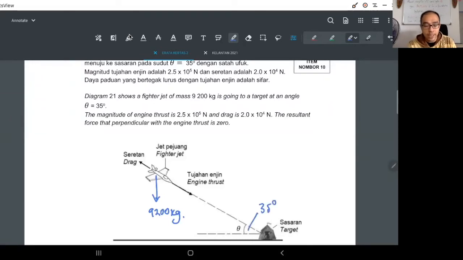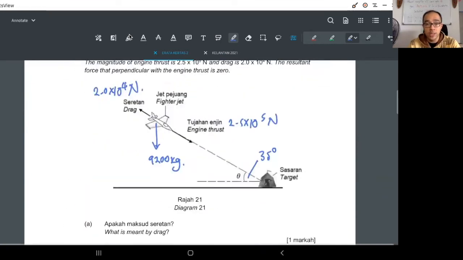The magnitude of the engine thrust is 2.5 times 10 to the power of 5, and the drag is 2.0 times 10 to the power of 4. The resultant force that is perpendicular with the engine thrust is 0. That is the question lah.